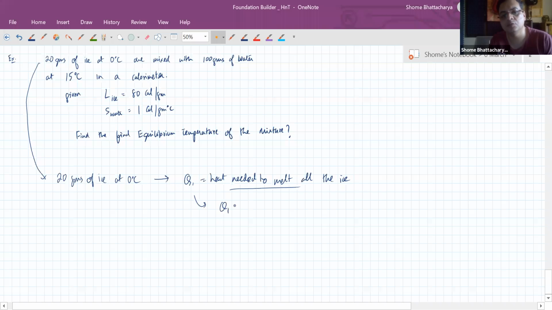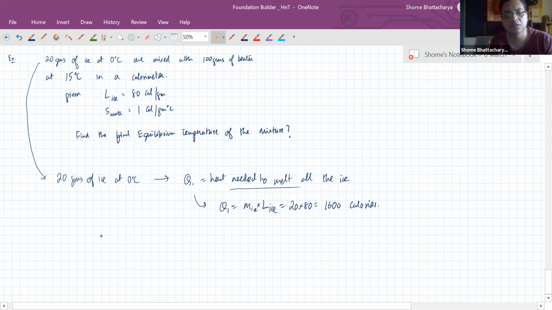So Q1 is going to be how much? It's going to be mass of ice into latent heat of ice. So that's going to be 20 into 80, or 1600 calories.